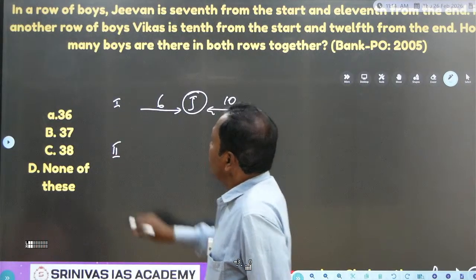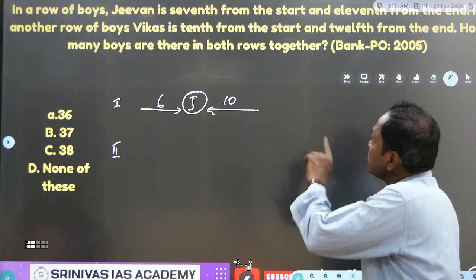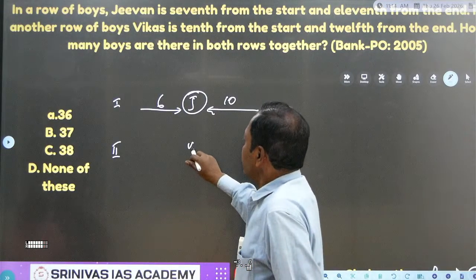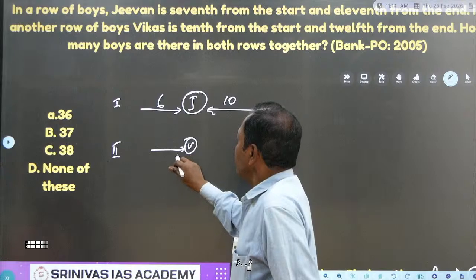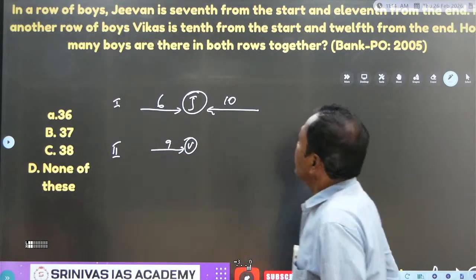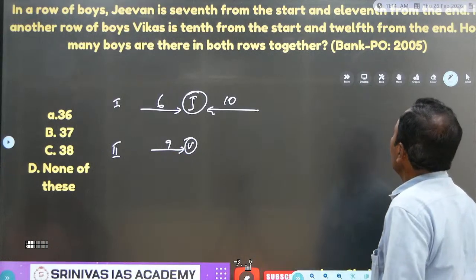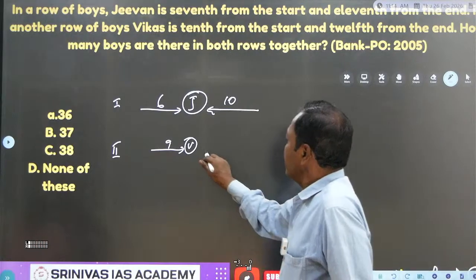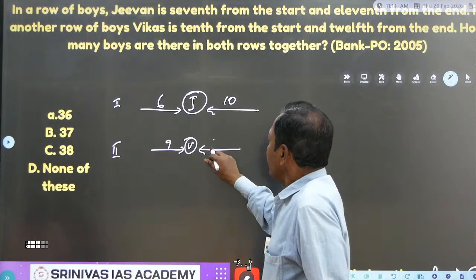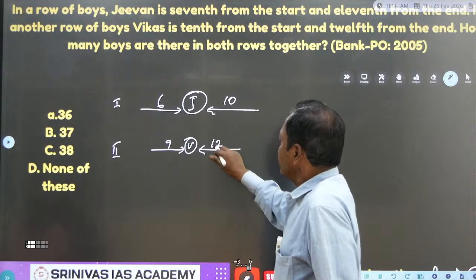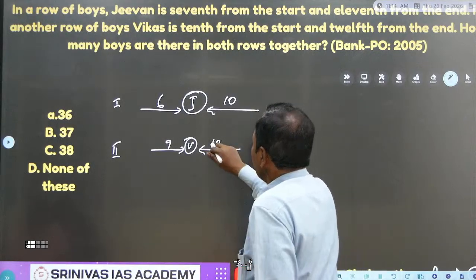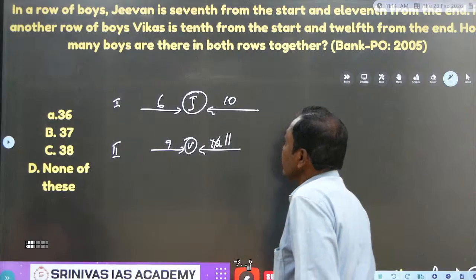In another row of boys, the boy is 10th from the start, so there are 9 before him, and 12th from the end, which means 11 after him.